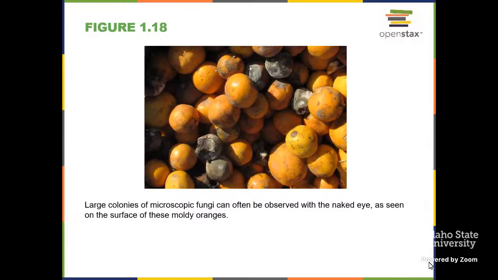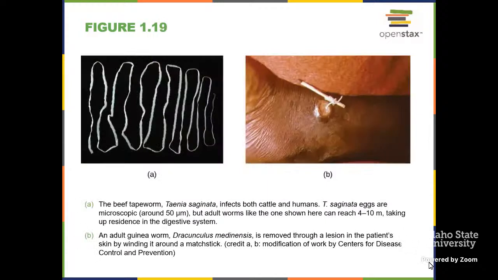So they can be seen with the naked eye, but also at higher detail, like the dandelion-like stuff, if we were to see it under the microscope. All right. And also some pretty interesting stuff. All right. Fungi is impressive. All right. And we will touch base on a handful of those that can cause some pretty serious disease.